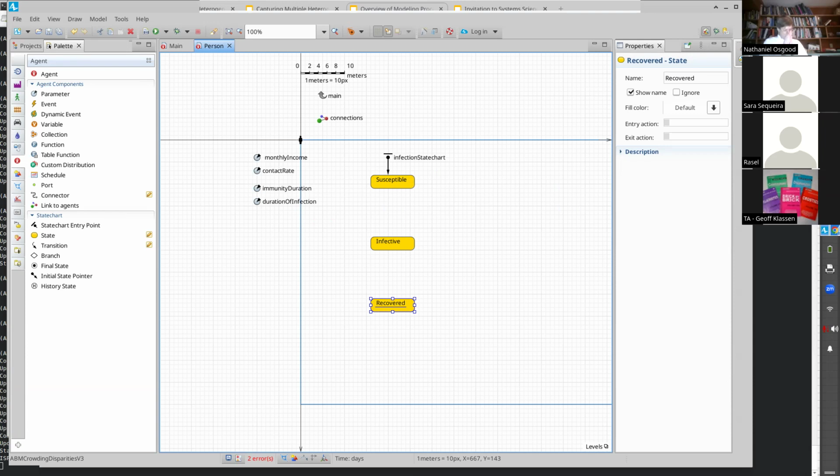So networks have great significance and great versatility, both more generally in health and agent-based modeling, and in AnyLogic in particular.